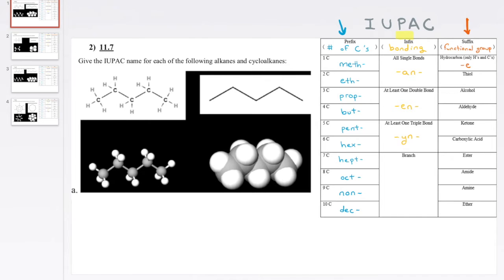The first thing you want to do is find the prefix, and that comes from the number of carbons. So here we have 1, 2, 3, 4, and 5 carbons. The prefix that stands for 5 carbons is pent. Then if you look at the chain, there are only single lines here.